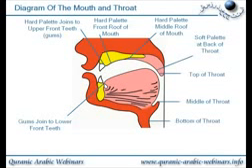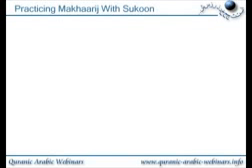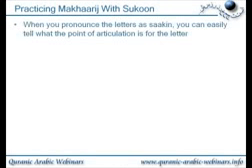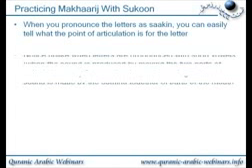So these will come important when we're talking about the makharij, because we need to be very precise with what we're doing with the movements within our mouth. Practicing the makharij with sukoon. When you pronounce the letters as sakin, you can easily tell what point of articulation is for the letter.